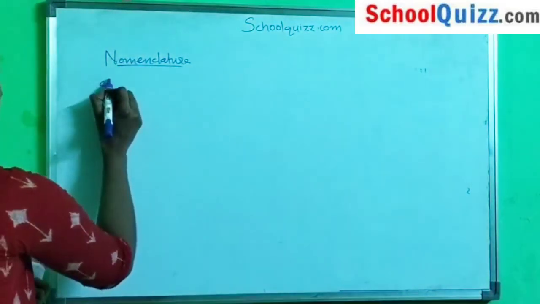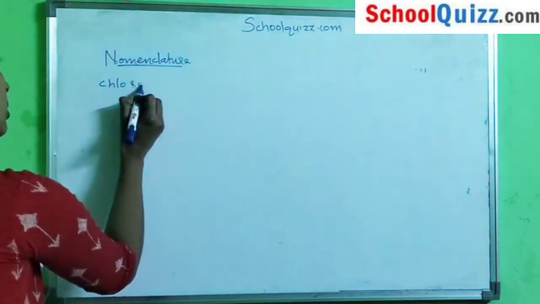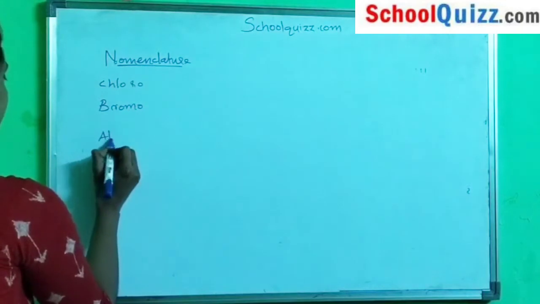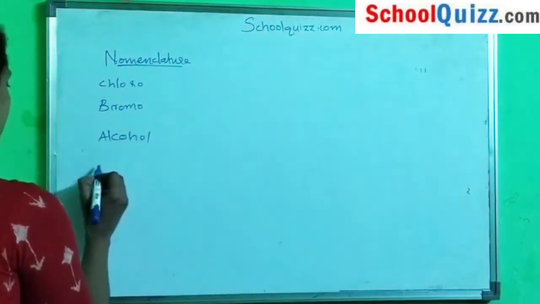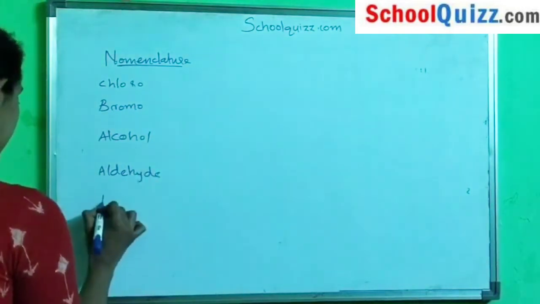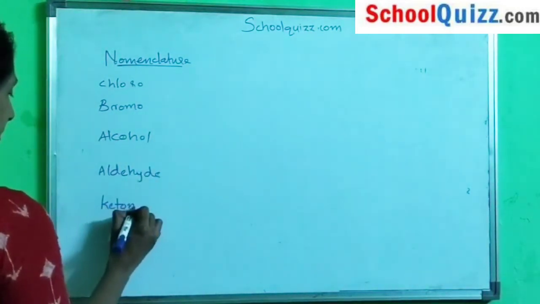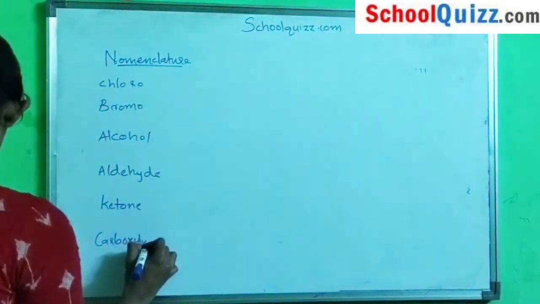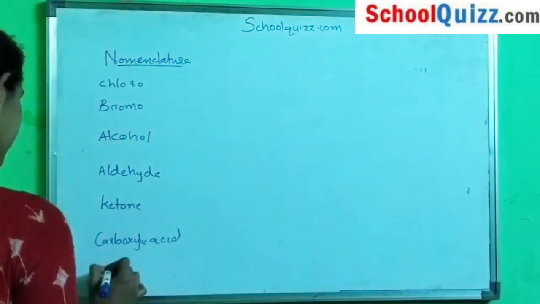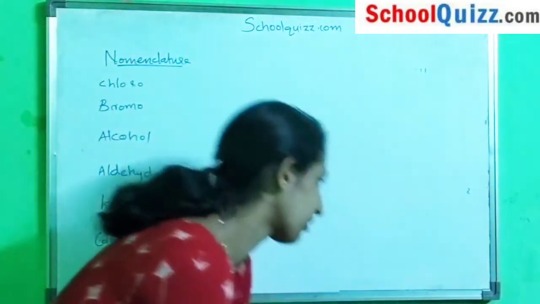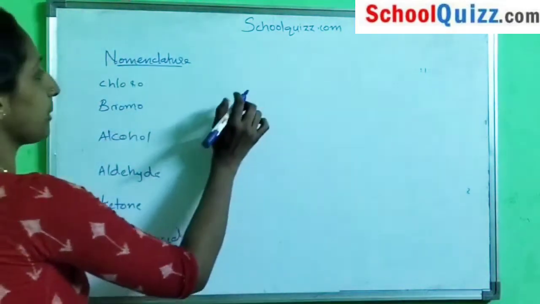First, we are adding chloro, then bromo, then alcohol, aldehyde, ketone, carboxylic acid, so we can take propane.